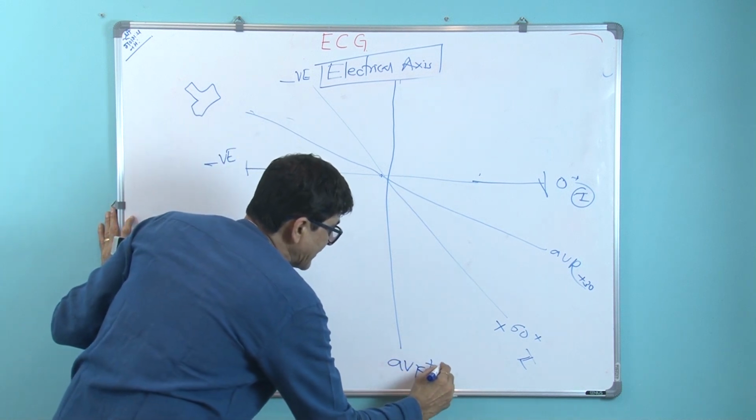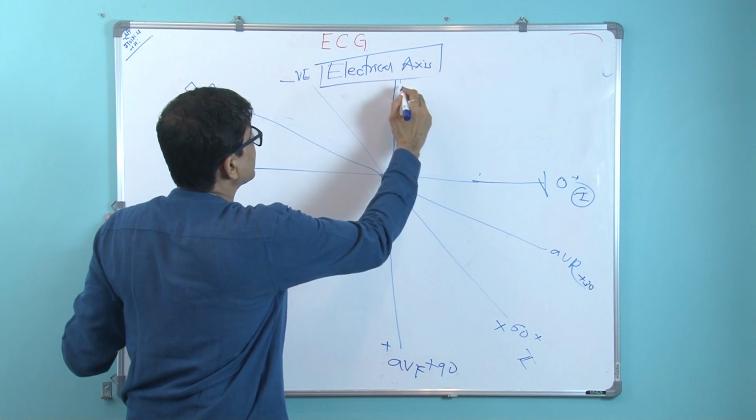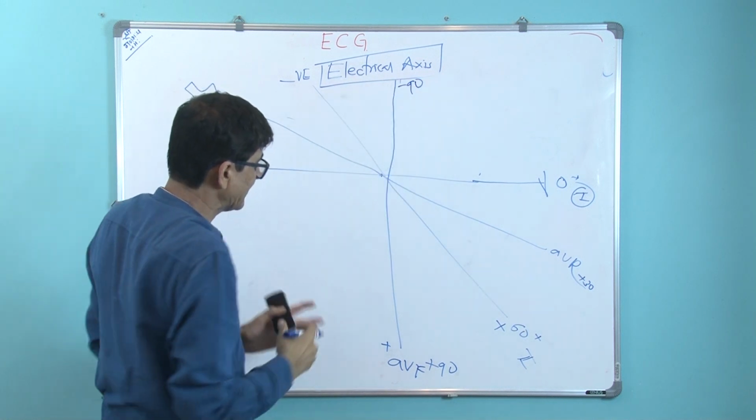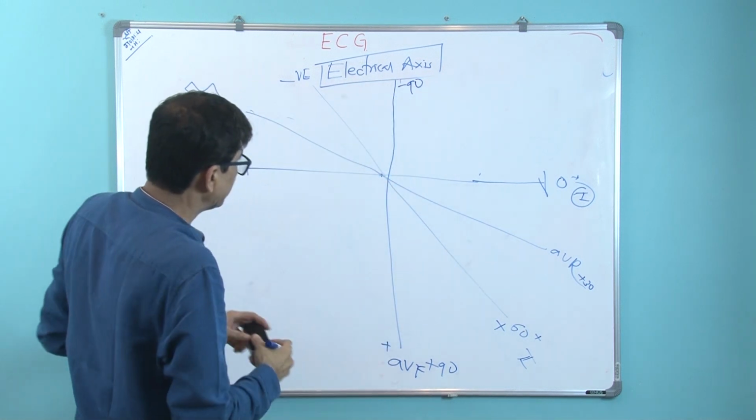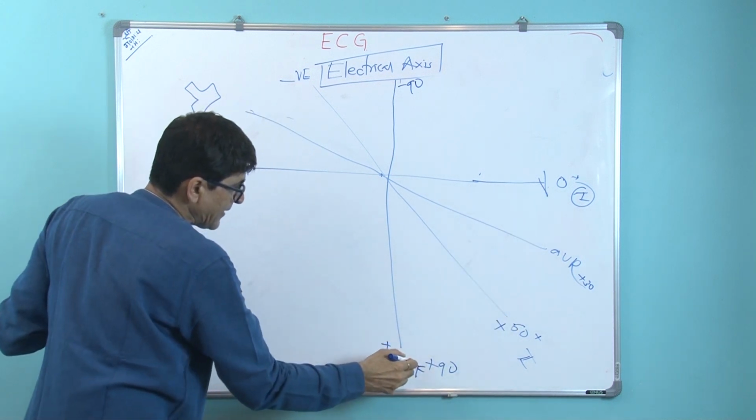It is plus 90 positive, and if you travel negative, minus 90. So, ultimately the total is 180. Now, 0, 60, 90, 120.